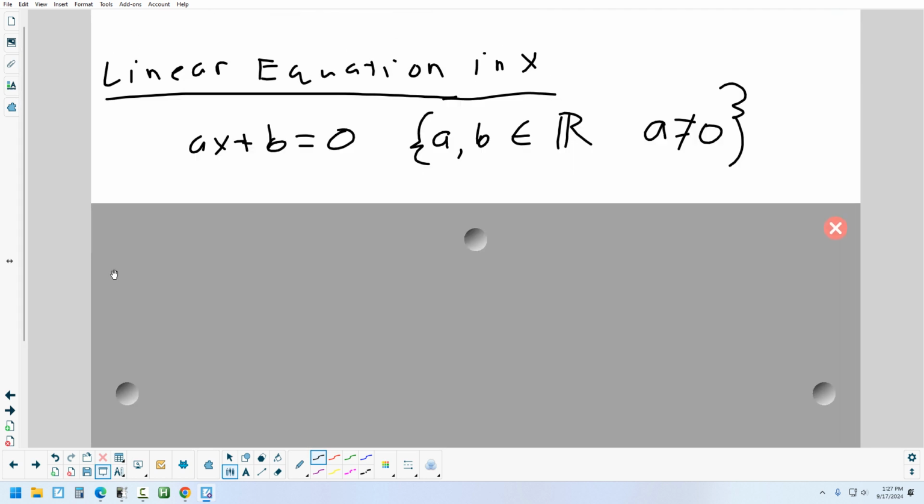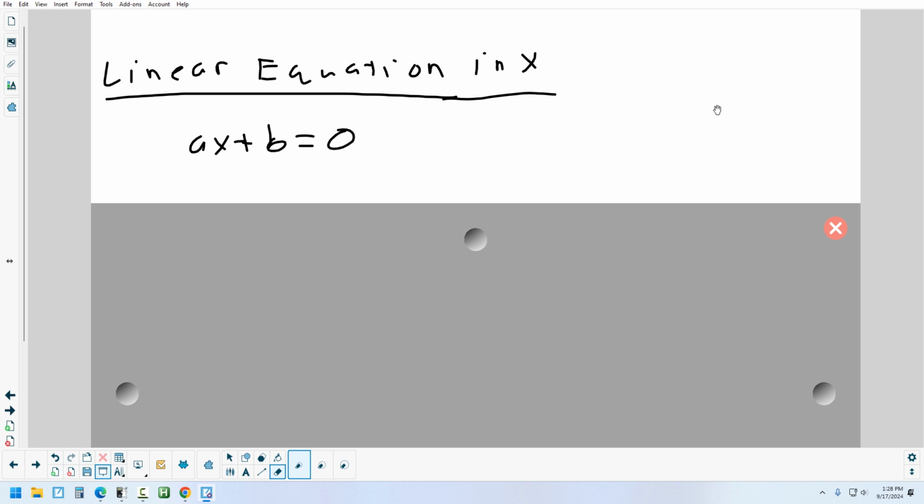All right, so the simplest equation that we usually solve with algebra is a linear equation. A linear equation basically has that format: ax plus b equals 0. No exponents on the variable, no letters in the bottom of a fraction, no square roots for variables, just simple variables.